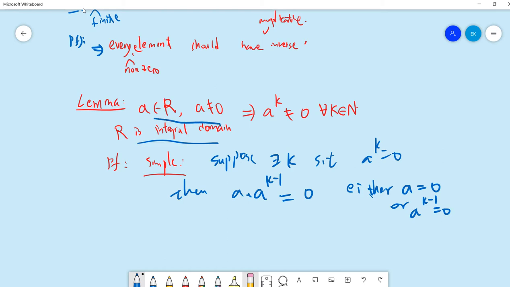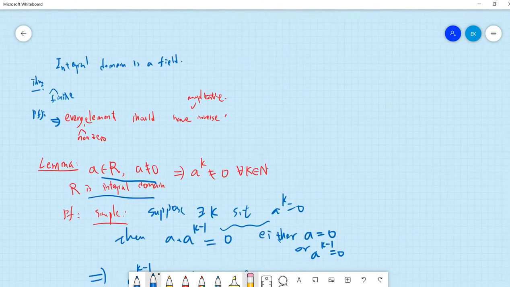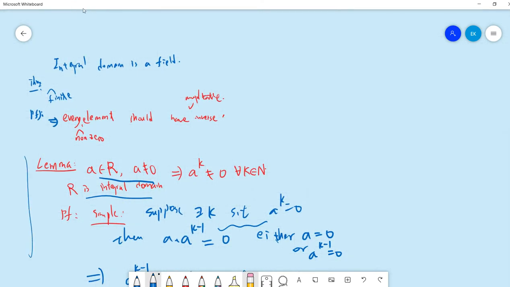But we assume that a is non-zero, so this tells you that a^(k-1) is 0. And then you can use this deduction, and finally you will always get a is 0, because k can always decrease by 1. So you get a is 0, a contradiction. So this lemma is correct, and then we can go back to prove the theorem.